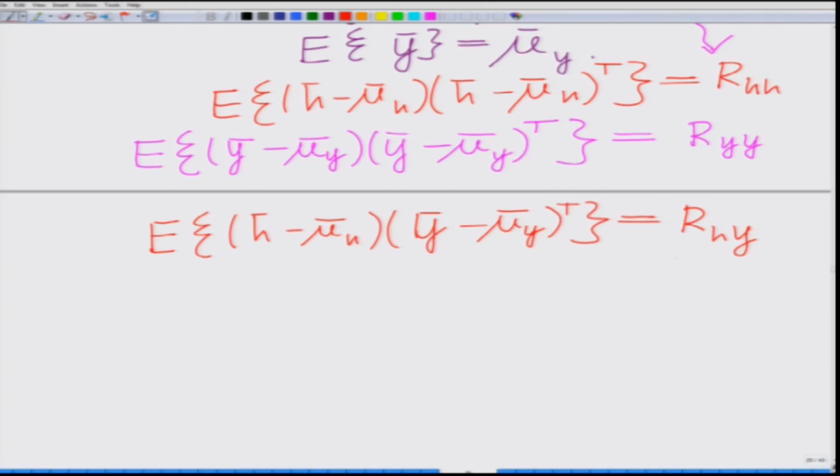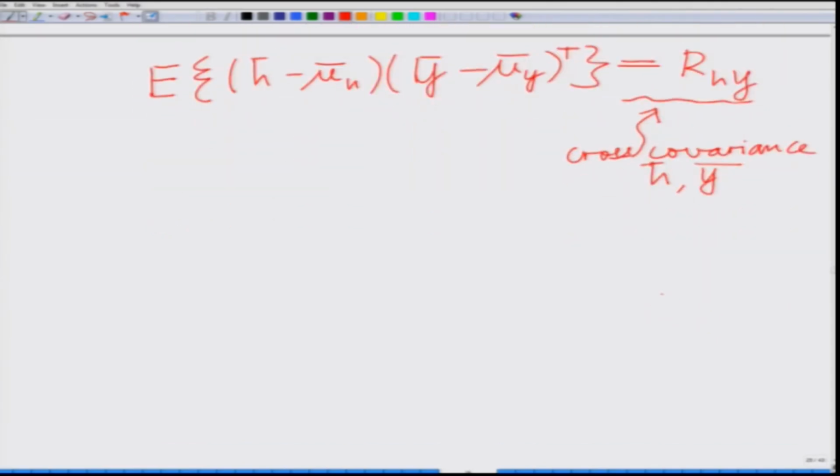This is basically your cross covariance of h comma y. And now, it goes without saying that we are assuming that h bar comma y bar are jointly Gaussian.